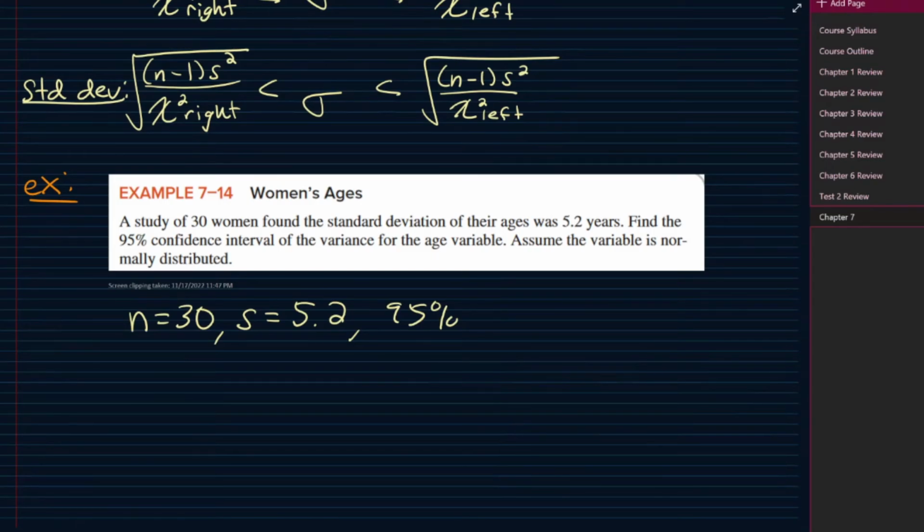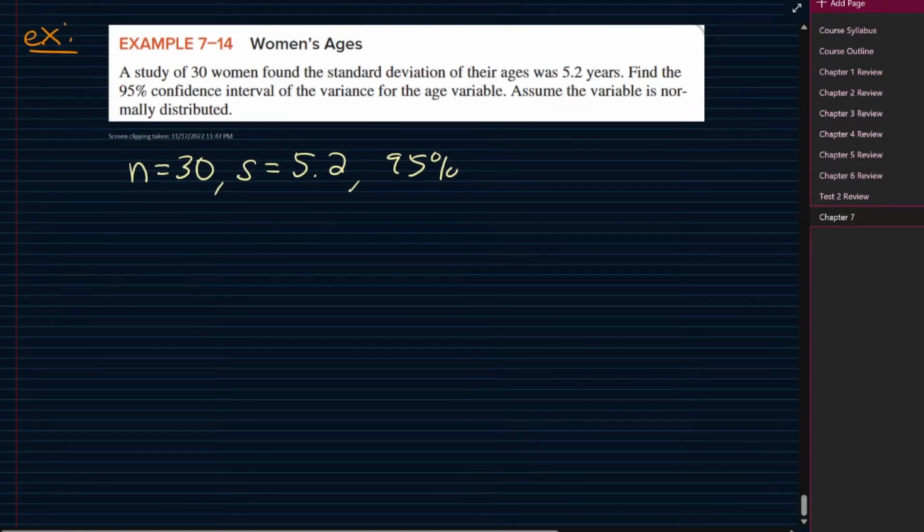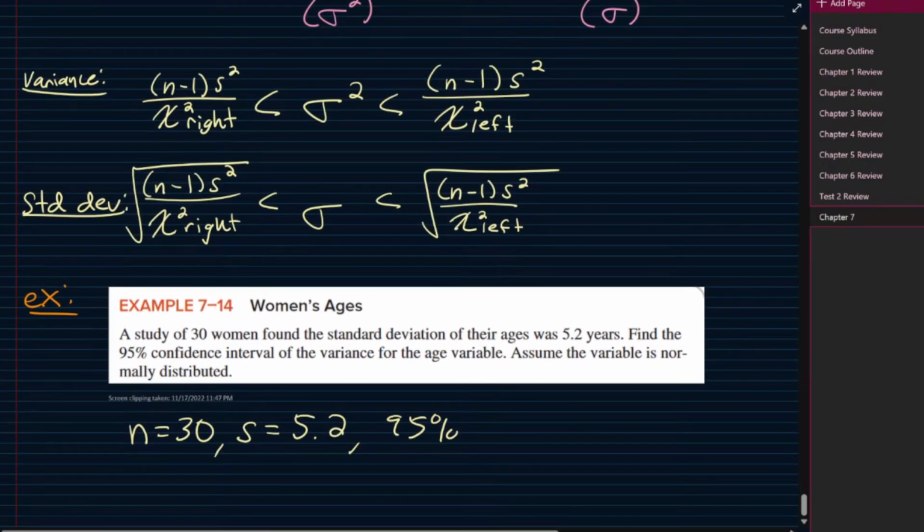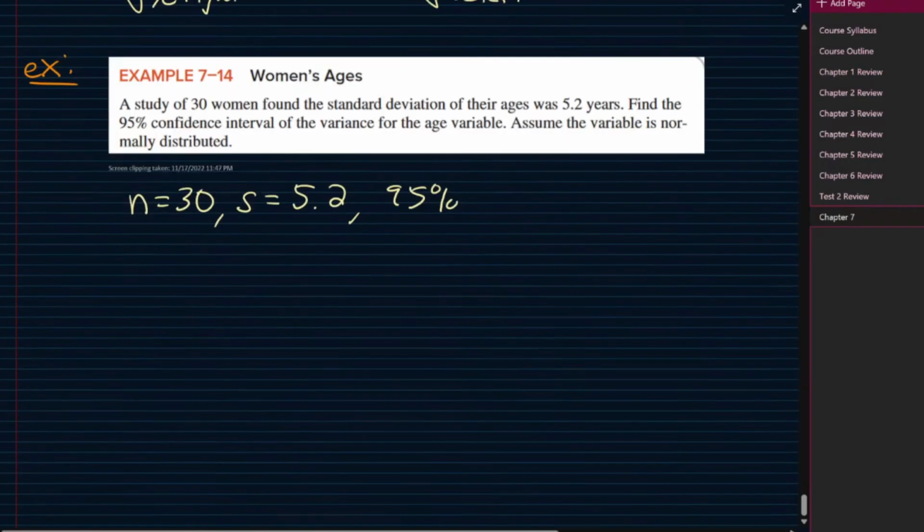So that's sigma squared. I guess we could find both though. We already know n, we know s. The only other thing we need for our formulas is the chi-squared right and left values. So hold on real quick, let me get a chi-squared chart and we'll go through that.